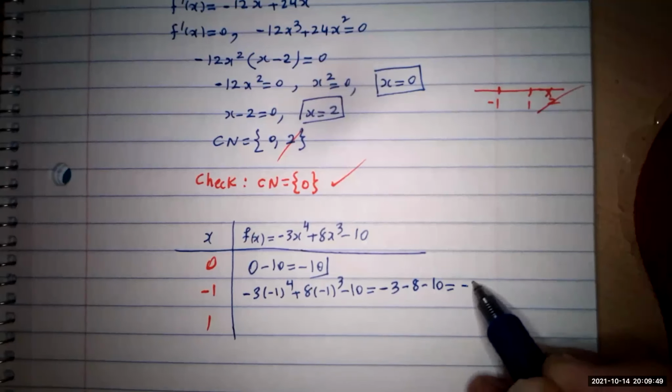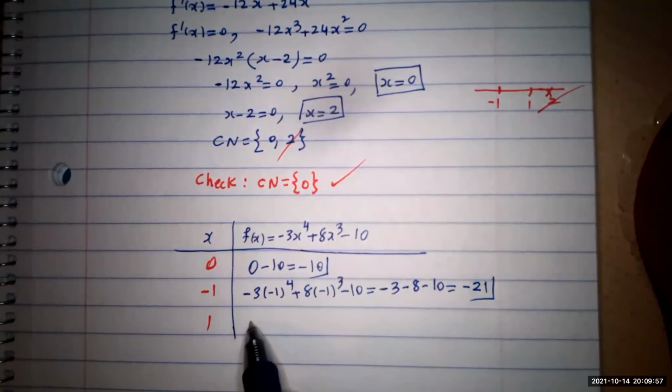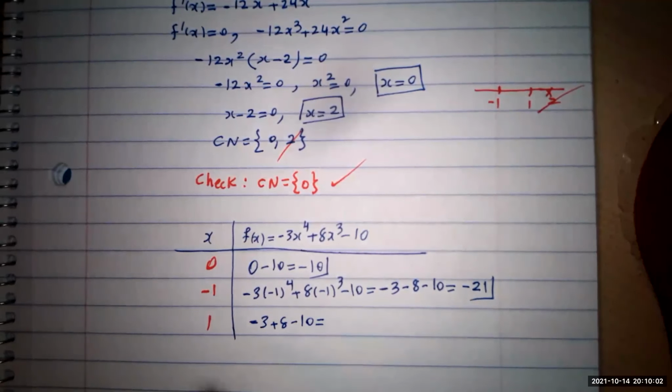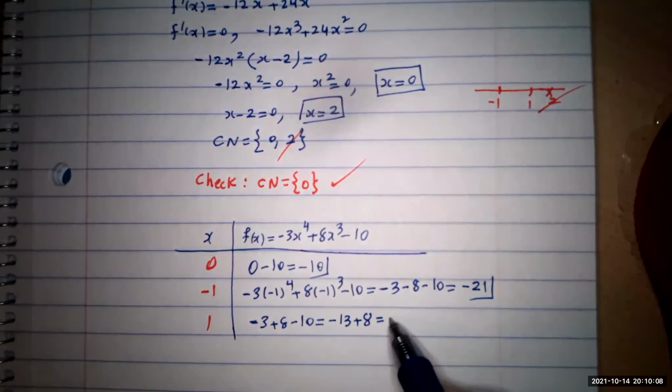So that gives you negative 21. Any question? If you put the 1, that gives you negative 3 plus 8 minus 10, so that gives you a negative 13 plus 8, and the result would be a negative 5.